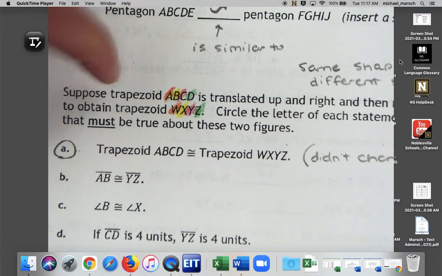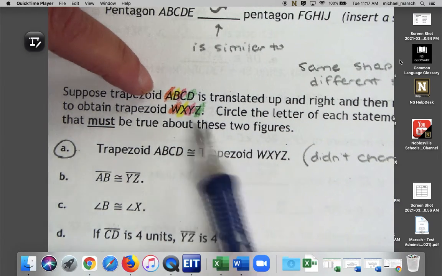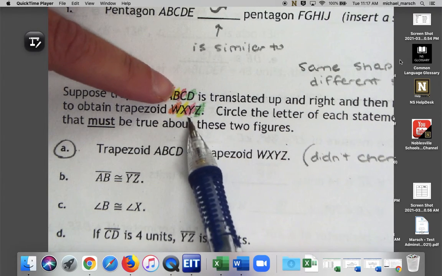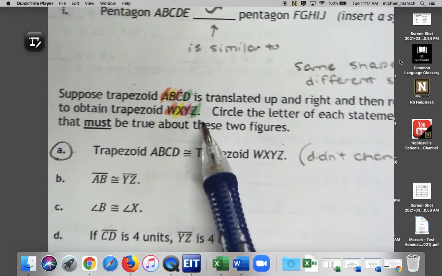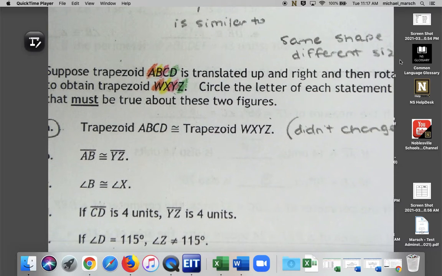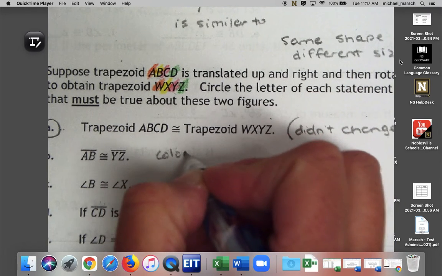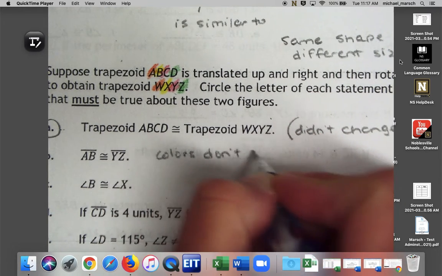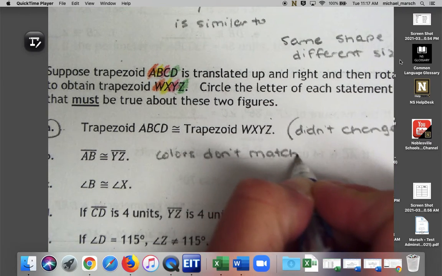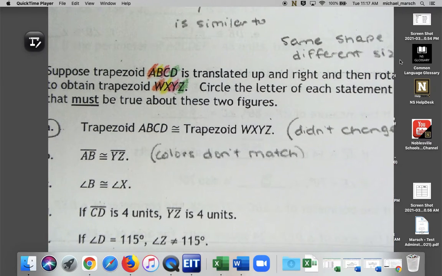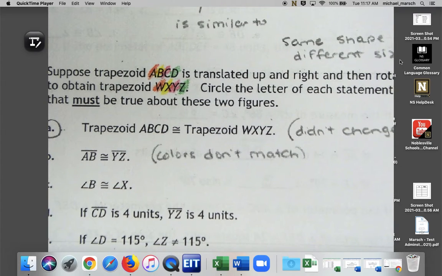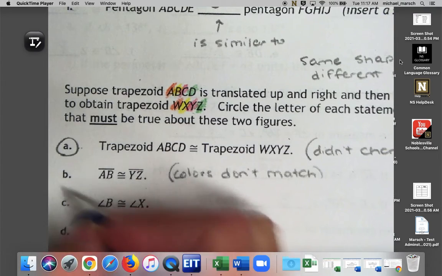How about, is AB congruent to YZ? Do those have the same colors? They do not, right? So colors don't match. How about angle B and angle X? Are they the same colors? They sure are. They're both yellow.